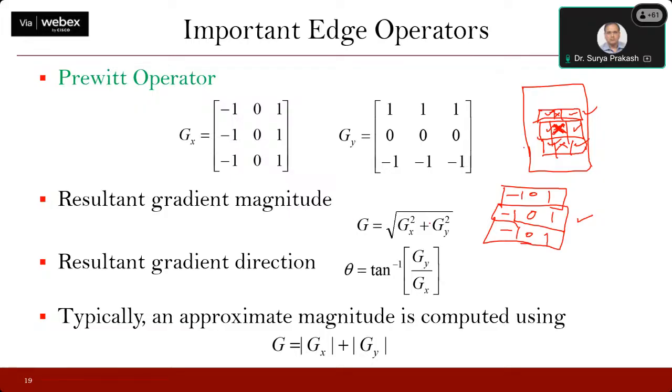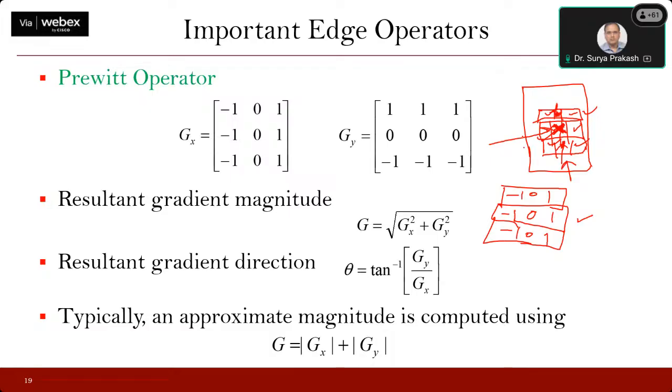So to compute the intensity difference at this place, we have computed the difference here, here, and here. At three places, we have computed the difference. Now, the idea here is that you can just take the average of these three and use that as the value for this particular pixel.